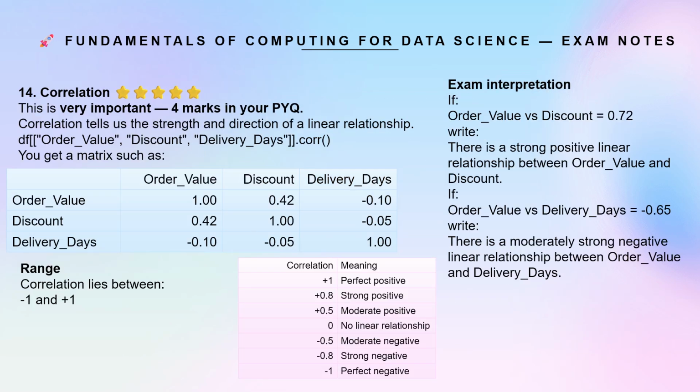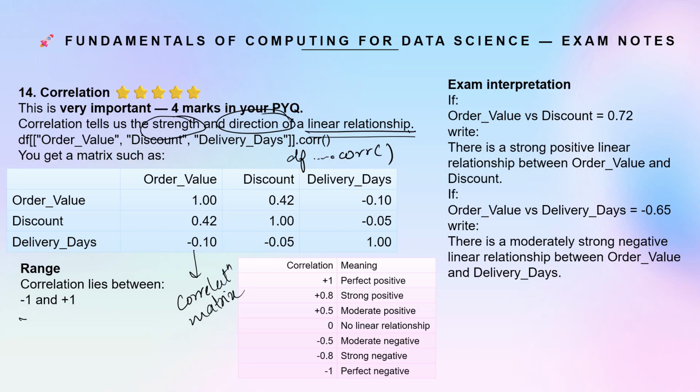Next is correlation. Correlation is very important. Correlation tells us the strength and the direction of a linear relationship. Now let's say we have three columns, and you write df of columns .corr. You will get a matrix which is known as a correlation matrix.